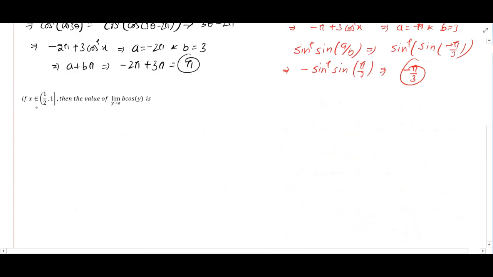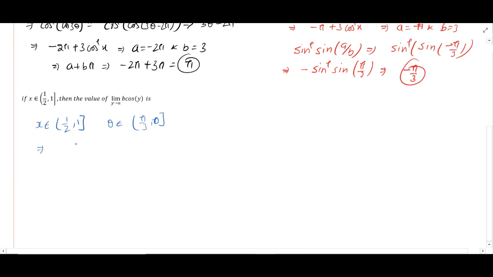Now coming to the third part, where we have to solve the limit as y approaches a of b cos y when x belongs to 1 by 2 to 1. So in this case, as x belongs to 1 by 2 to 1, that means theta belongs from pi by 3 to 0, right?